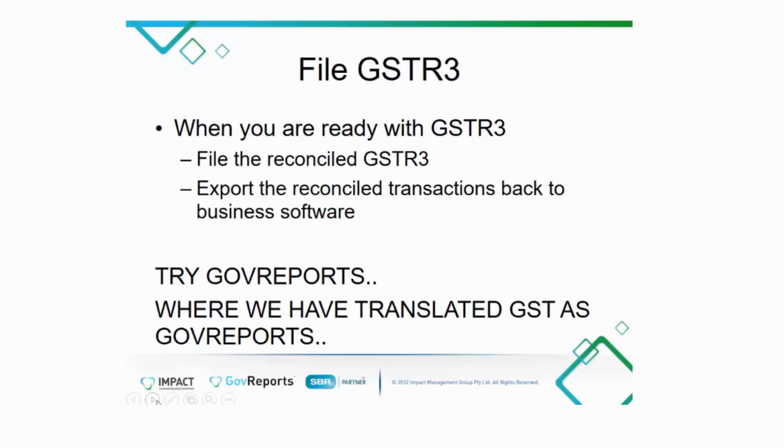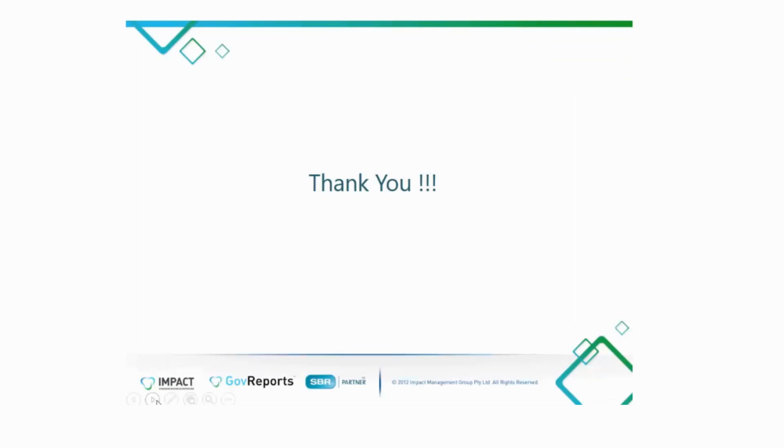That means your business software as well as GST reports submitted with the GSTN common portal are going to match. That means your books are always ready for auditing and investigation. Try Gov reports, where we have translated GST as Gov reports. Thank you.